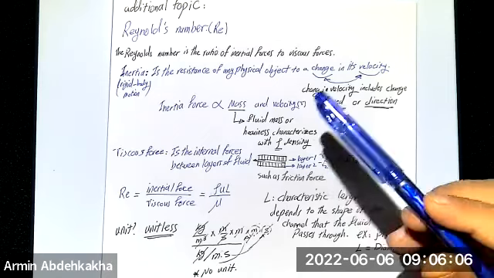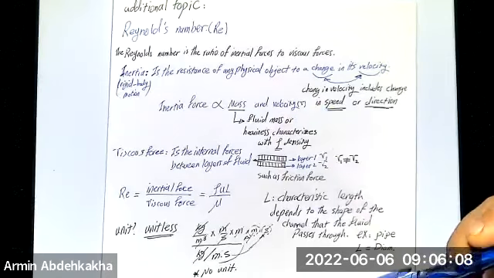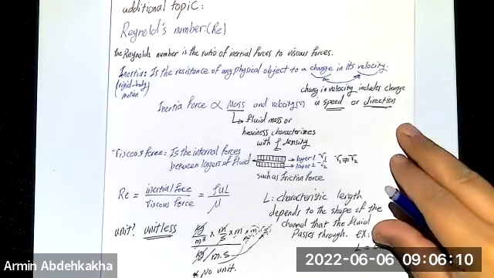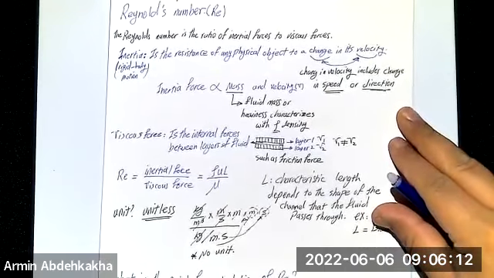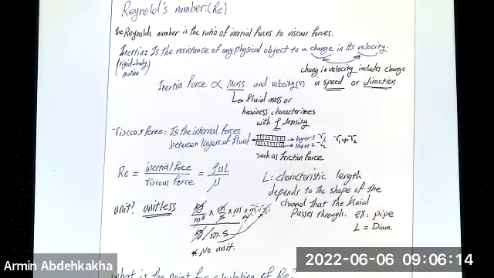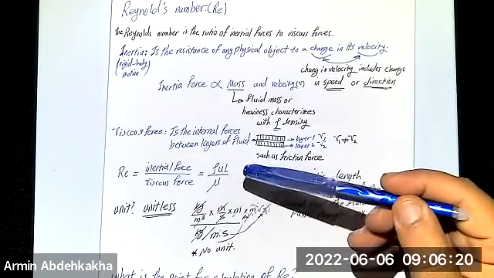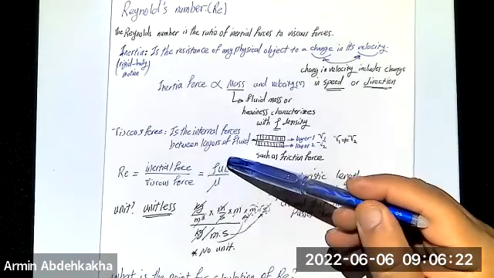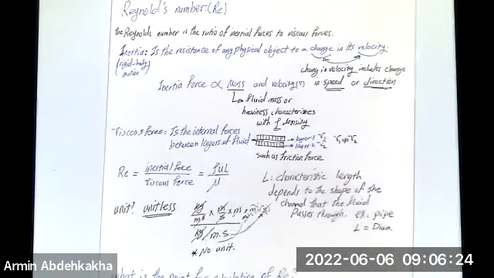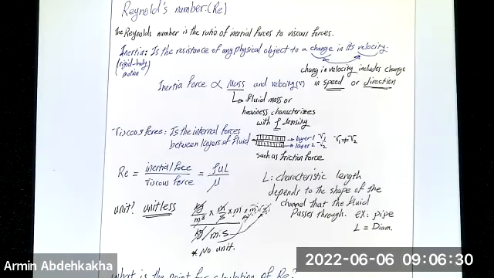And Reynolds number is a unitless parameter that defines the ratio between these two. So it's defined based on inertial forces and viscous forces. You can see the rho times L. Rho is the density. L is a characteristic length and depends on the shape of the channel.